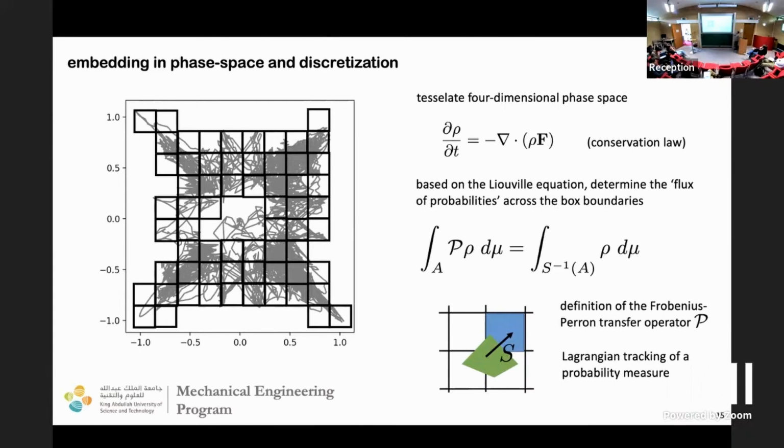This is equivalent to solving this conservation law by Lagrangian tracking of a probability measure. Okay. So this is the equation that we have, and this is actually the textbook definition. This P here is the textbook definition of the Frobenius-Perron transfer operator. Okay. This is the continuous way of doing it, but discretizing finite volumes.